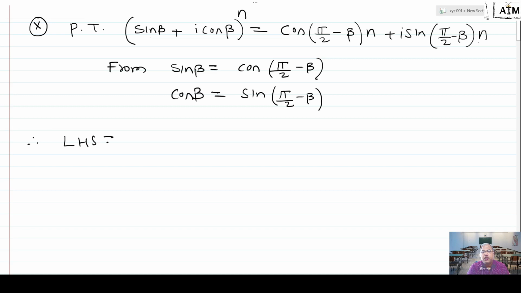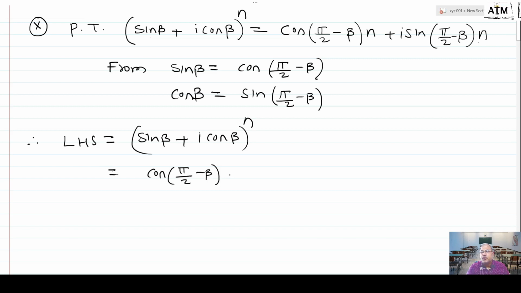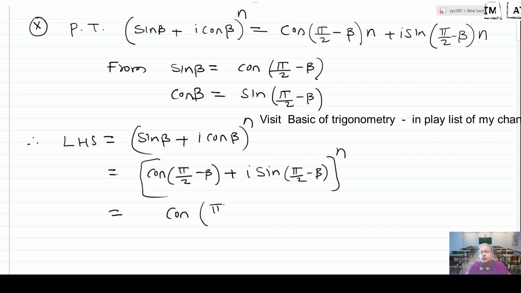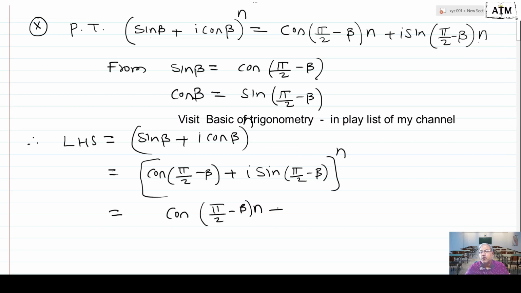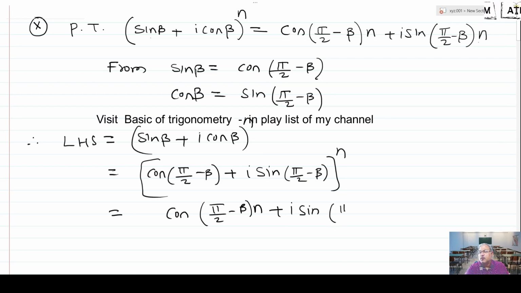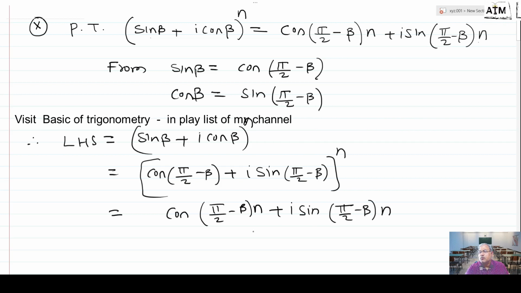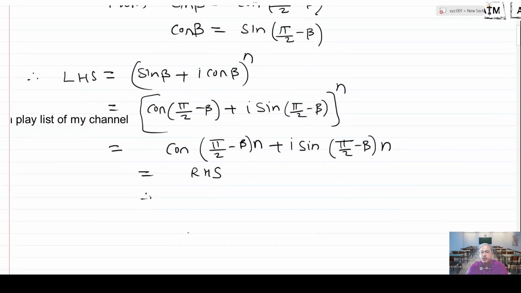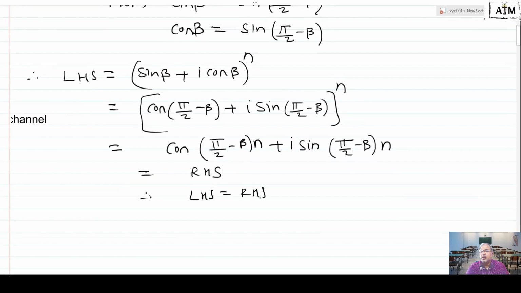Therefore, LHS equals (sin beta + i cos beta) raised to n, which can be written as (cos (pi by 2 minus beta) + i sin (pi by 2 minus beta)) raised to n, equals cos (pi by 2 minus beta) into n plus i sin (pi by 2 minus beta) into n, that is nothing but equal to RHS. Therefore LHS equals RHS, verified.